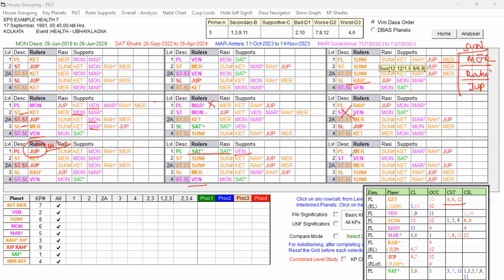Look at Mercury star level, Venus is not weak. Look at Ketu. Ketu is also having Jupiter and 12 level Ketu and sub level is Jupiter. You can see Jupiter, Ketu, Jupiter, Rahu, that Ketu also having these favorable, unfavorable all rulers. So this also we can take it. But we have to do the comparative study to see which is strongly unfavorable.